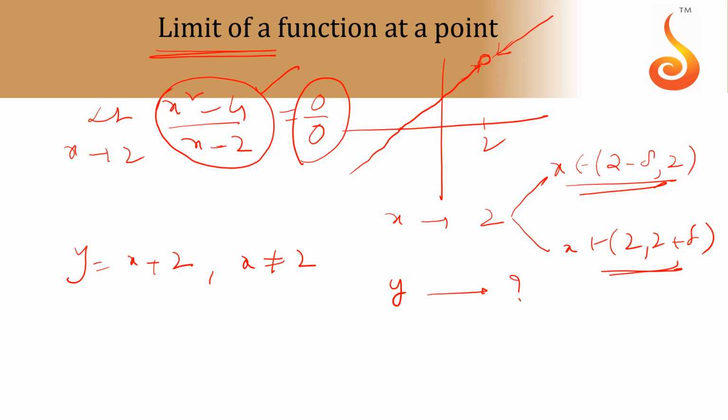So I can get that value if I fill that hole. Filling that hole, I have to create a new, actually equivalent, function. For that we have several processes: rationalization, L'Hospital rule, whatever formulas you are applying, please try to understand.